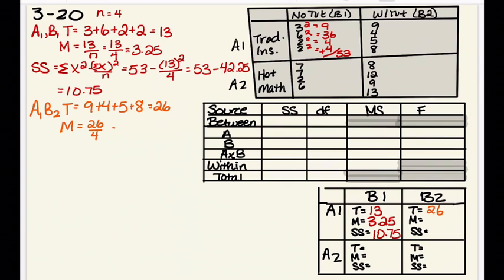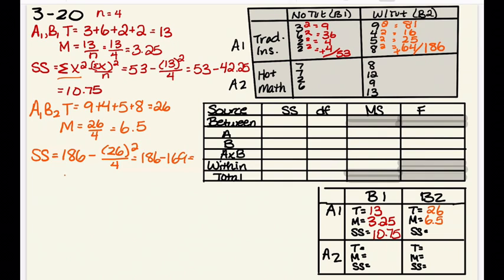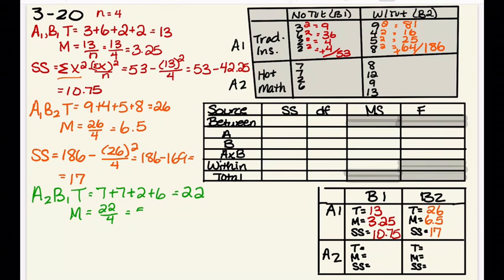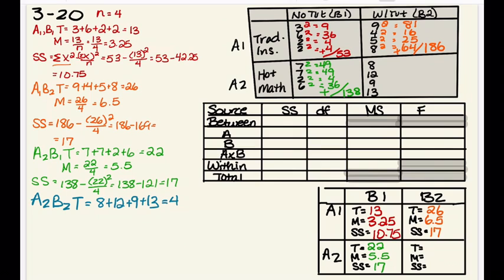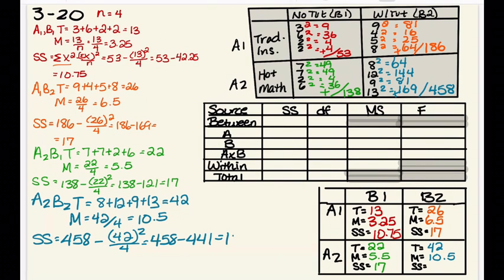Then we'll find the sum of scores, the mean, and the sum of squared deviations for the A1-B2 quadrant. We'll perform the same calculations for the A2-B1 quadrant and the A2-B2 quadrant.